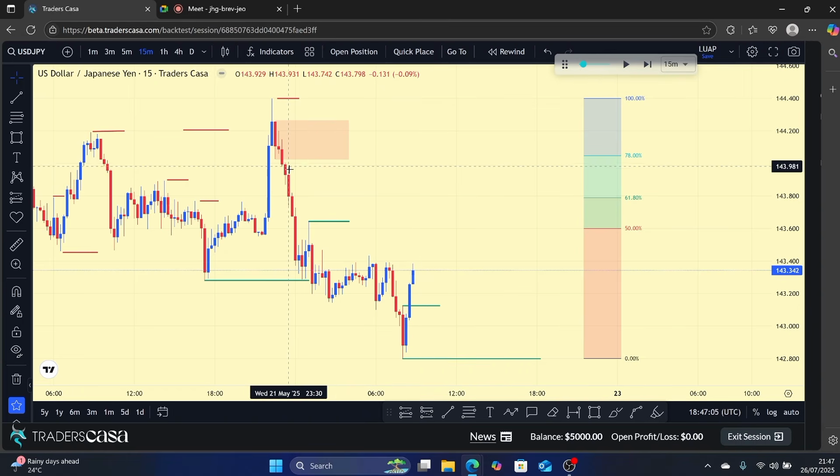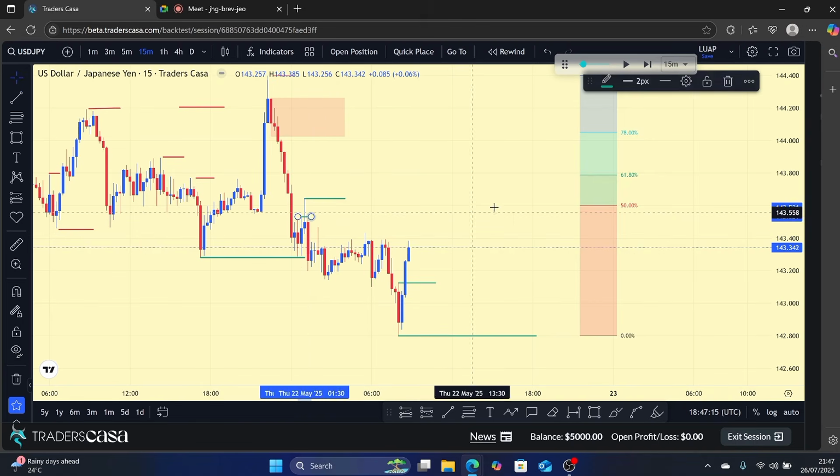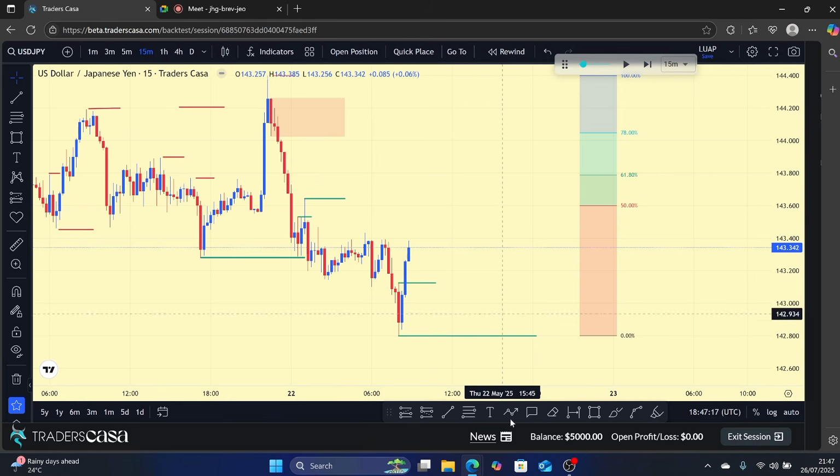Going down here, that's where we get another liquidity sweep, exactly right here, of this red candle. The candle that took out that previous candle high is this one here, but we can clearly see it's mitigated by this candle, and the fair value gap associated with it is fully mitigated.